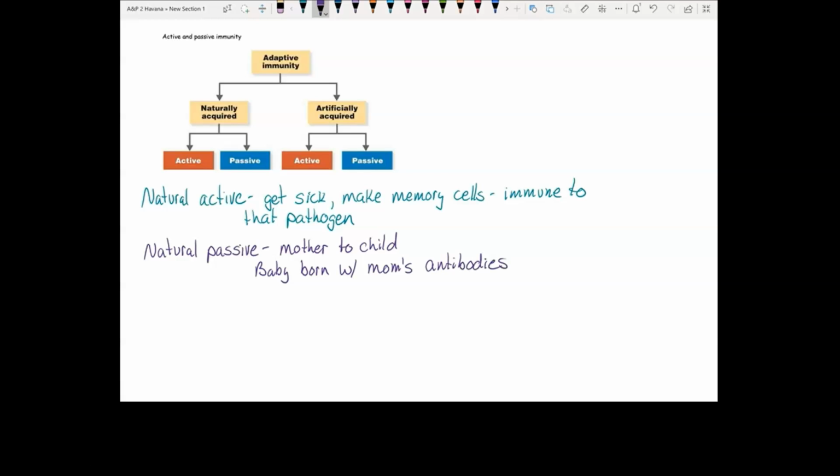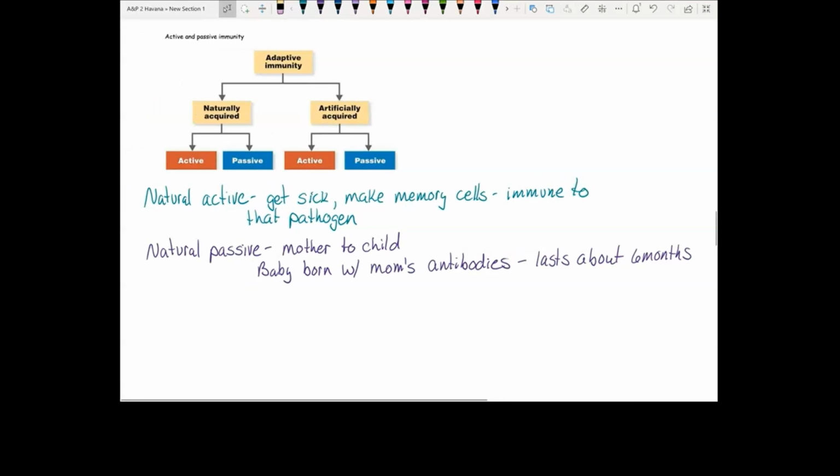Now, this is only temporary. It'll last about 6 months. Antibodies don't last forever. They wear out and you lose them. But for the first 6 months, the baby has the mother's antibodies protecting them.